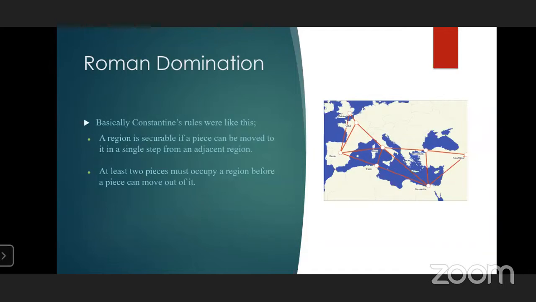Basically, Constantine's rules were like this. A region is securable if a piece can be moved to it in a single step from an adjacent region, and at least 2 pieces must occupy a region before a piece can move out of it.